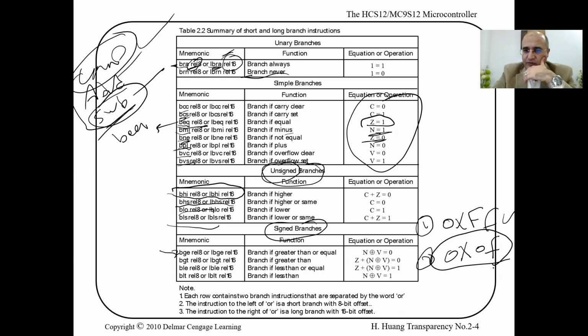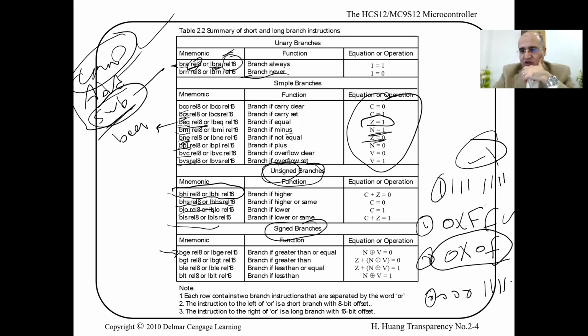The most significant bit: if you represent this number, this is 1111 1111. This is a negative number, while this one is 1111 0000... this is a positive number, right? This is a -1 if you use the 2's complement, and this is a positive F, meaning 15. So this is greater. So you branch if greater, you branch if higher.